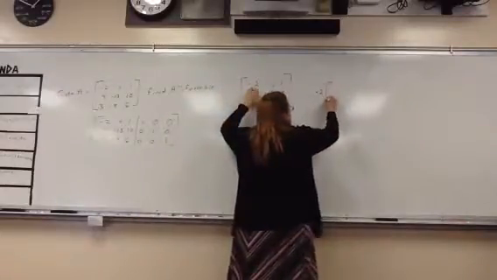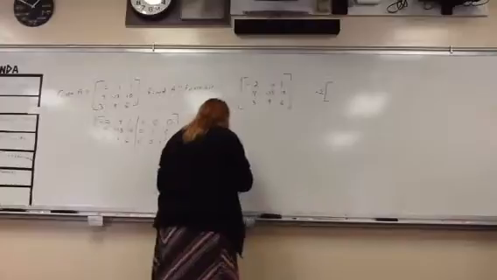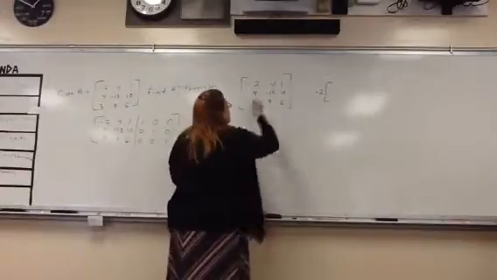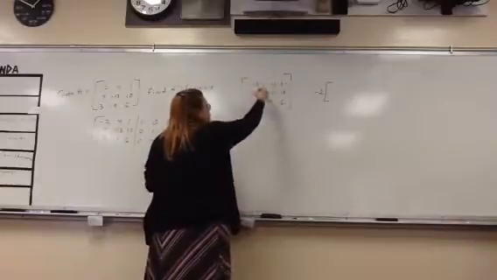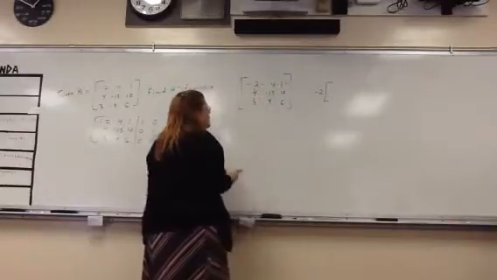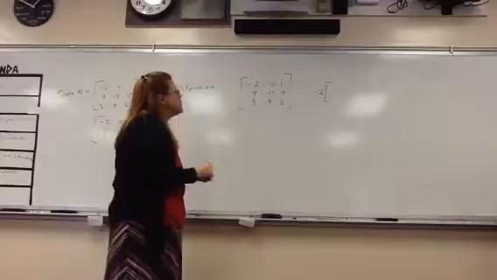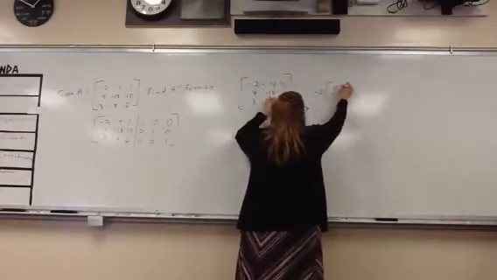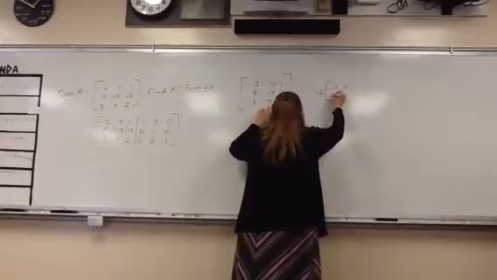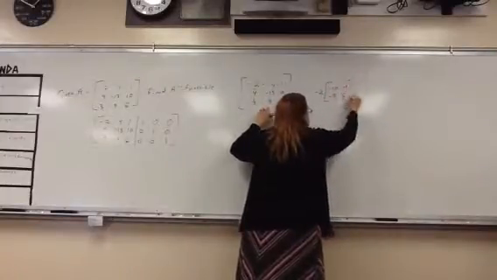And then in behind it, you're not going to worry about this row because that's the row it's in, and you're not going to worry about that column. So the numbers that are left to go over here are the negative 13 and the 10, and the negative 9 and the 6.